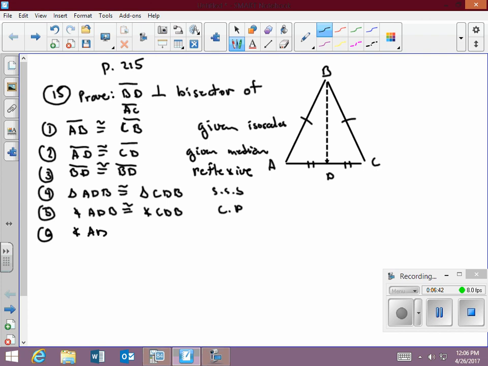Angle ADB plus angle CDB is a straight angle. And that's the definition.